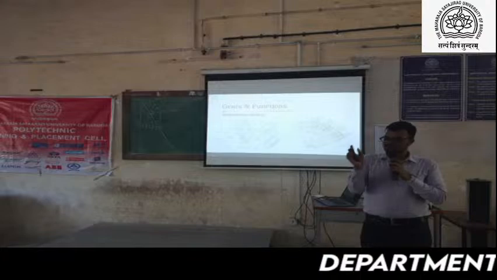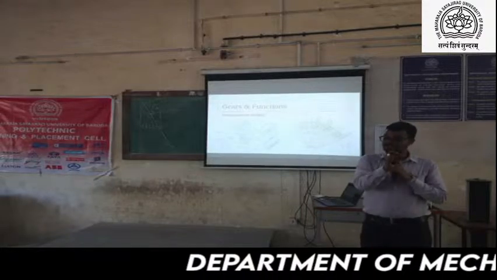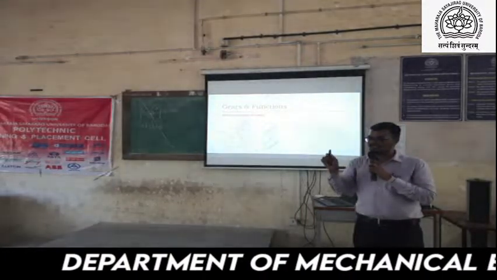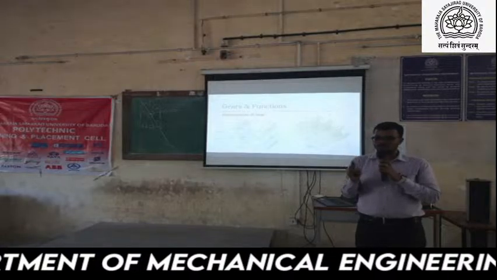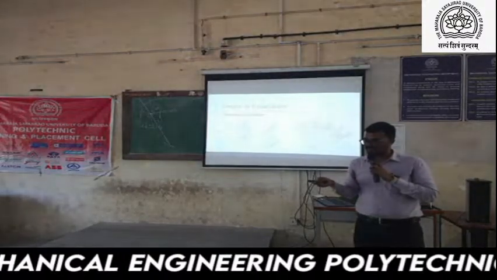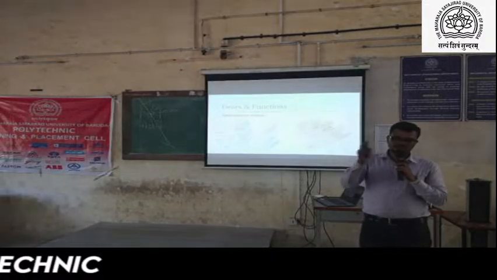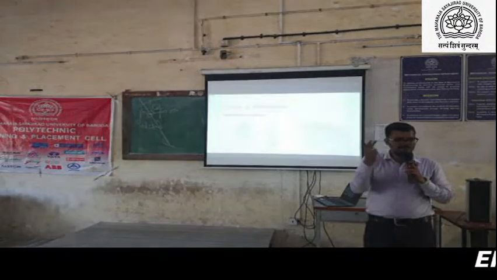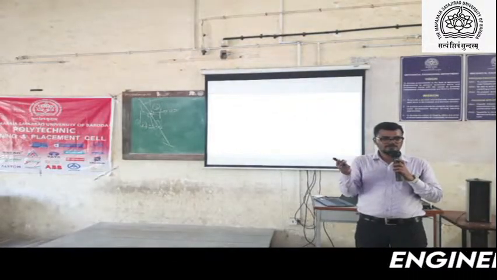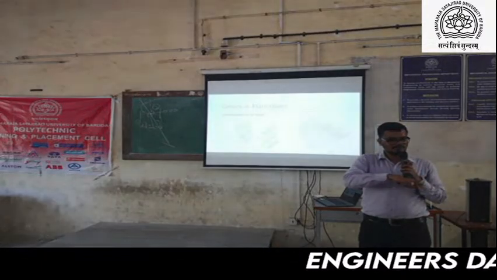So what is the thermodynamics first law? The zeroth law is doomed, a failure law. Why? Because energy cannot be created nor destroyed, it can be transferred. In the first law also, sometimes it is there. What do you know? Kelvin Planck statement?